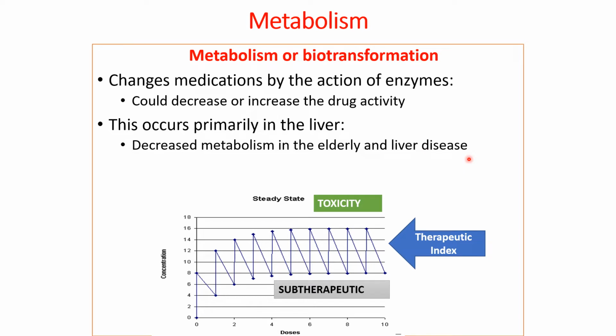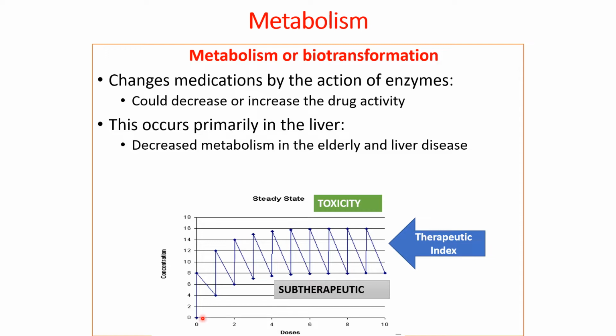The most serious liver disease is called cirrhosis, that deteriorates the liver a lot. Then these people can have a decreased metabolism, so the medication will last longer and in higher concentration. So the risk of toxicity in old people and people having liver disease is higher.